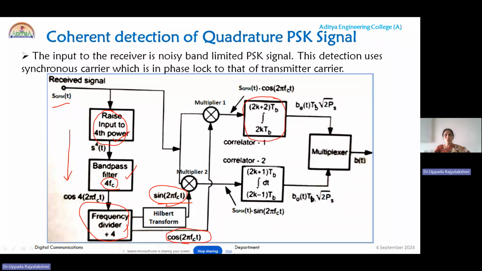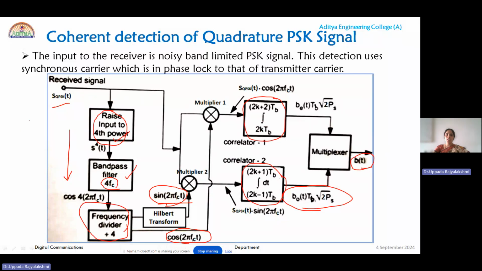So then you will get BE of t into TB into root 2PS. Similarly, the output of multiplier 2 will be the product of QPSK signal and quadrature carrier. That is applied to the integrator, which integrates the odd intervals. So you will get B naught of t into TB into root 2PS. Now the two outputs are applied to the multiplexer to get the demodulated signal, which is same as the binary sequence transmitted at the QPSK transmitter.